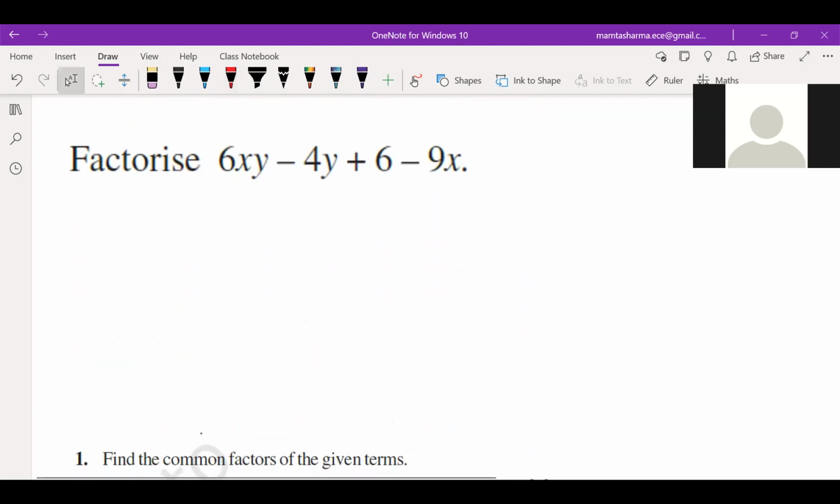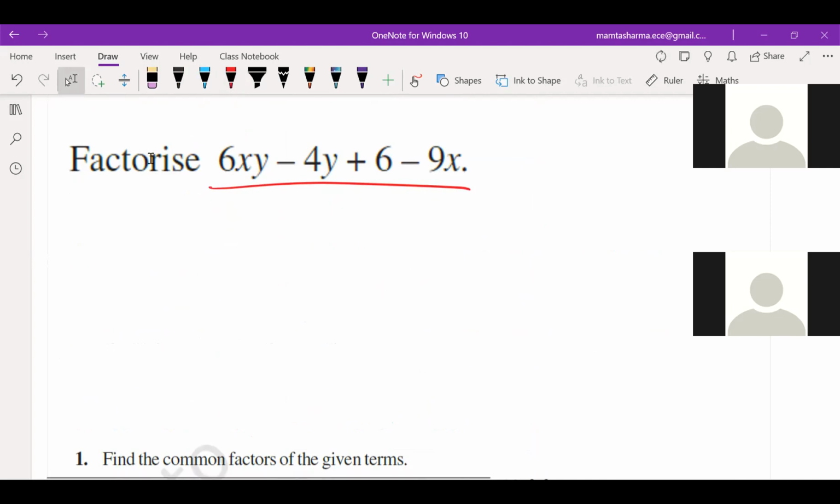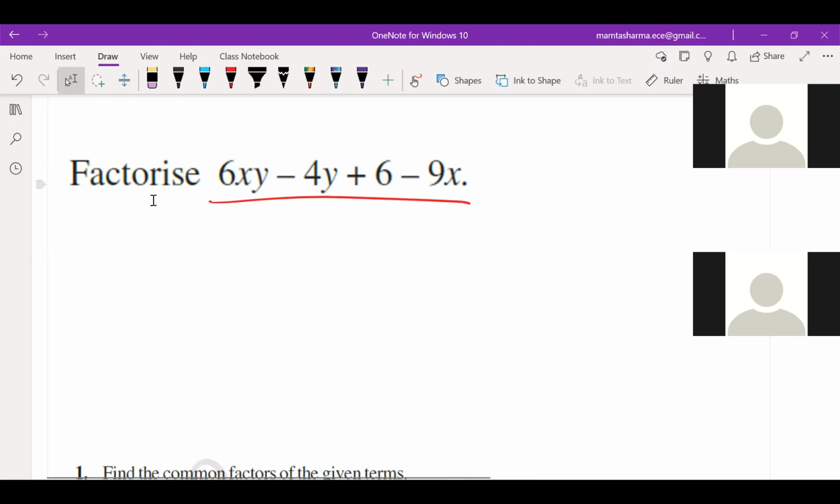Now take this example, write it down and find out the factors. Do it by using the regrouping method. Tanvi, tell me, how will you factorize this expression?